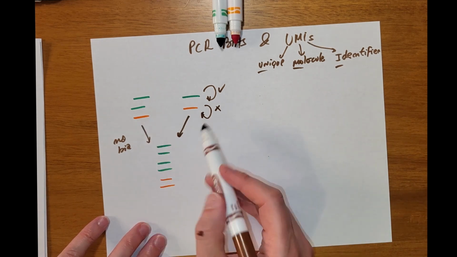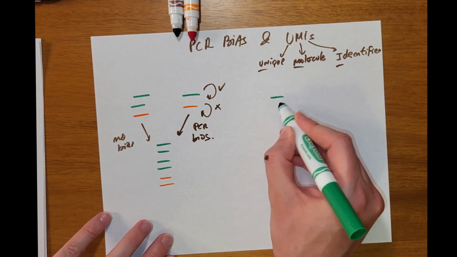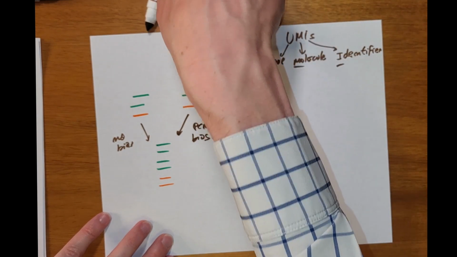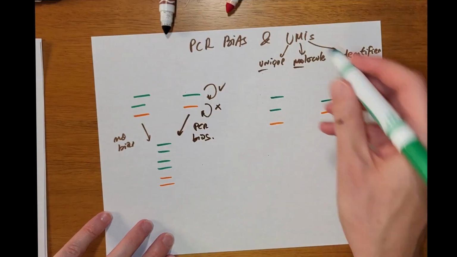So how do we distinguish between the no bias and the PCR bias? So the idea here is to label each of the reads with a unique molecule identifier before starting the PCR reaction. So for example, going back to the same case, where we have 3 reads in one sample, and then we have 2 reads in the other sample.